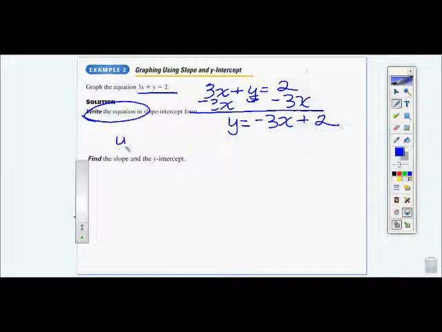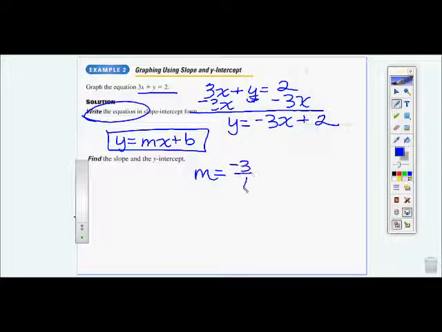Now it's in our y equals mx plus b form. This is slope-intercept form. So I can say the slope is the coefficient of x, which is -3 over 1, and the y-intercept is going to be at the constant term, which is 2, so that means it's going to be at 0, 2.